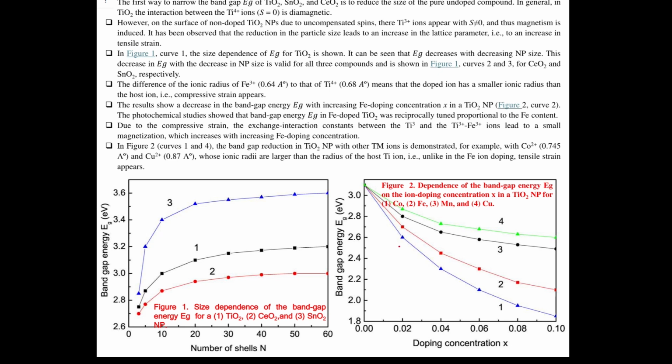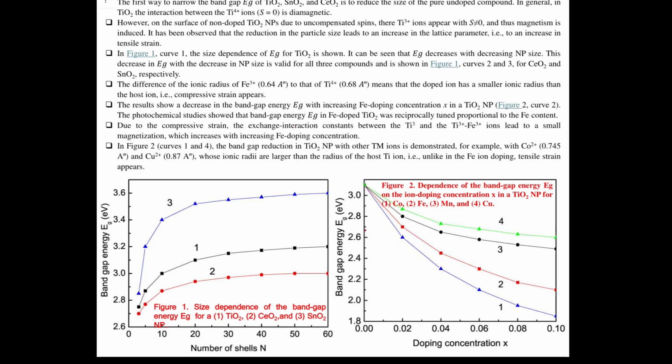Under similar conditions, when the dopant concentration is changed, for example, you have the interaction between Ti3+ and Fe3+ ions. In the non-doped material there is no magnetization and no free electrons, but unbalanced electrons can be found on the surface of these TiO2 nanomaterials.